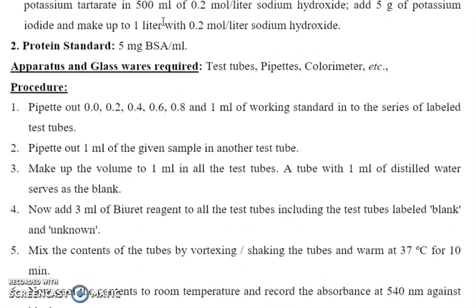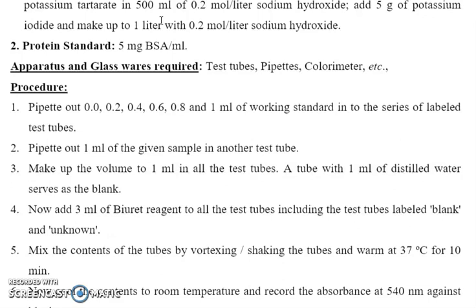What is the procedure? Pipette out 0.0, that means nothing, then 0.2, 0.4, 0.6, 0.8 and 1 ml of working standard into a series of labeled test tubes. The important thing is you have to label your test tubes clearly and write blank, 0.2, 0.4, 0.6, 0.8 and so on.